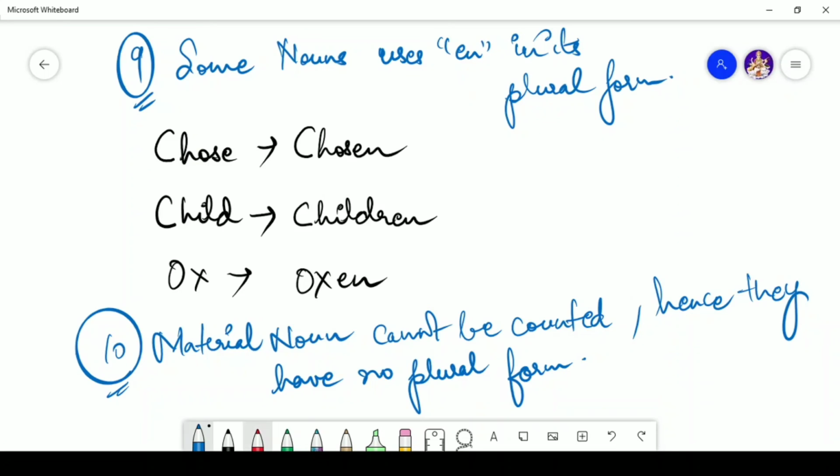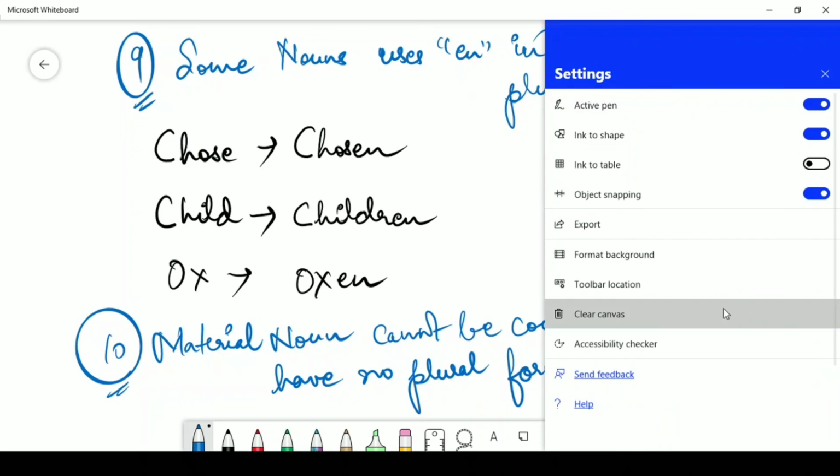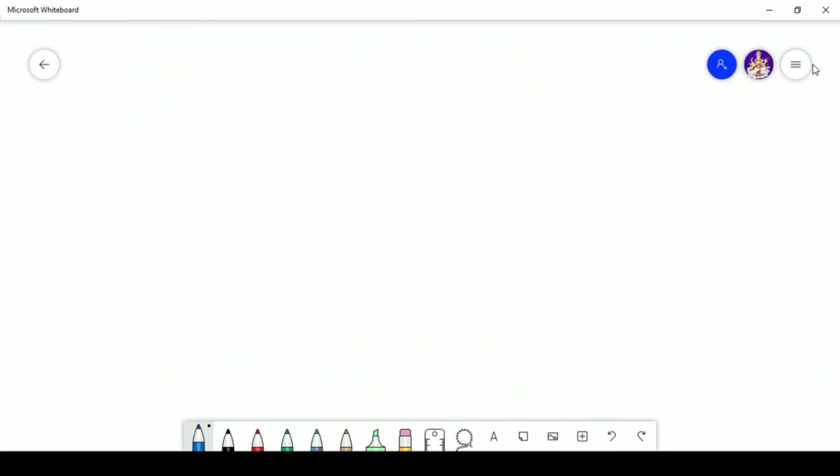Now let's talk about the 11th rule. The 11th rule says that if we put s at the end of a material noun, it will change its whole meaning. So material nouns cannot be counted, but if we add s at the end of the material noun, what will happen?